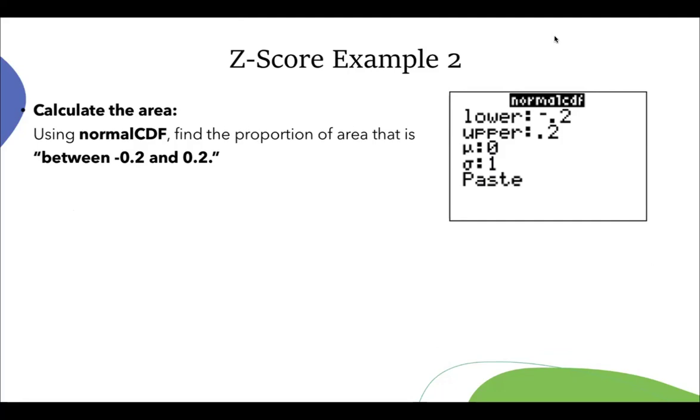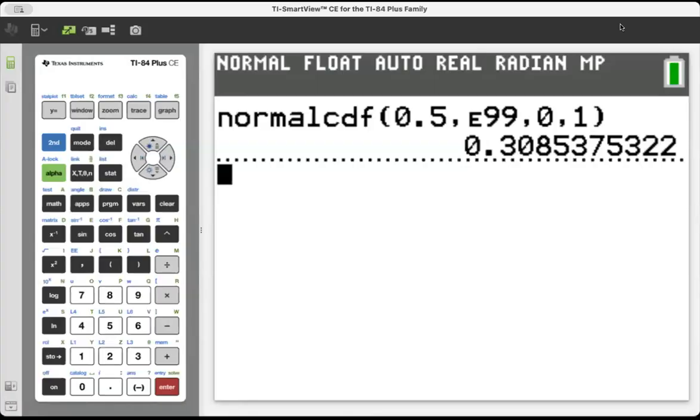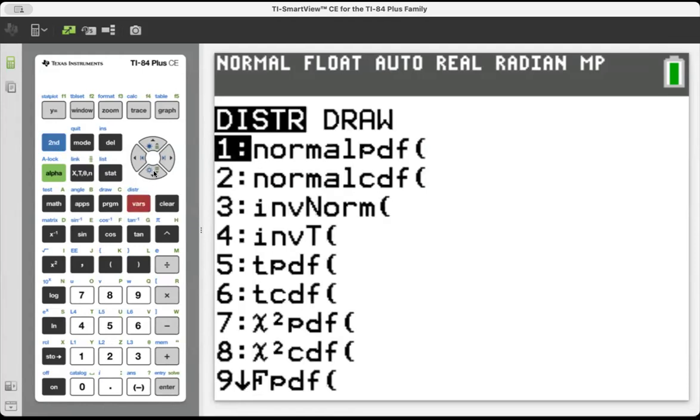Let's make sure, you know what, I'm going to go do this with you also. We're going to make sure we use the negative key and not the minus sign. So just a second, let me get there. Okay, let's do second distribution, normal CDF, number 2.